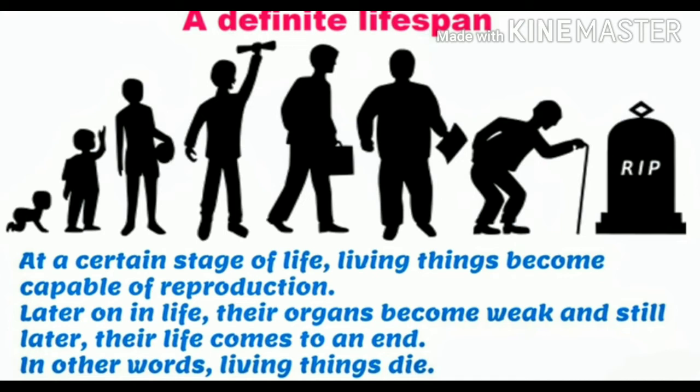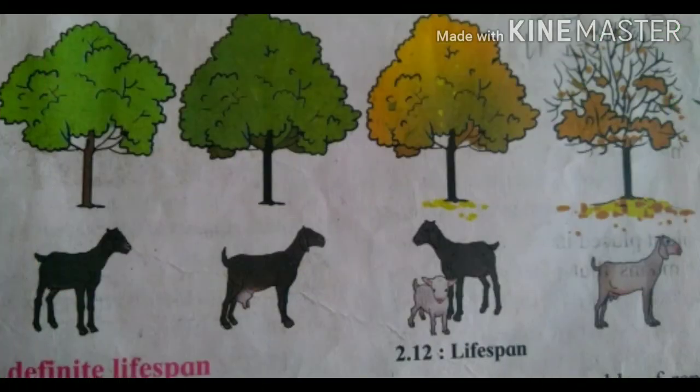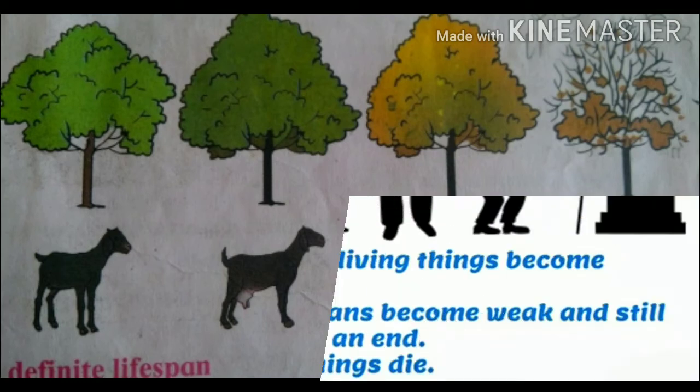So if you observe the picture, you will find different stages of a human being, from baby to a small boy, then a young boy, then teenager, then young adult, then middle-aged man, old man, and then that old man dies. Or if we see plants, then from sapling to the small plant, then big plant, then a big tree, and then leaves fall off.